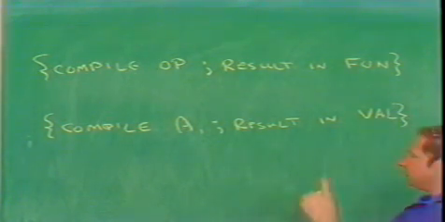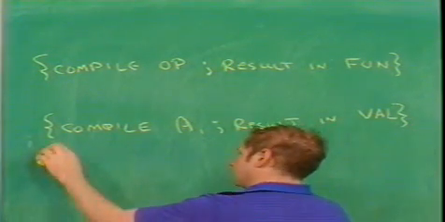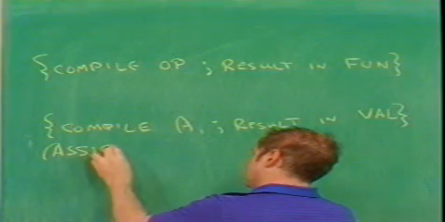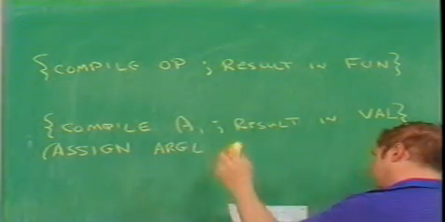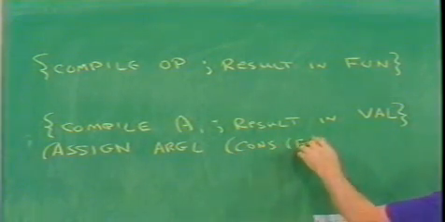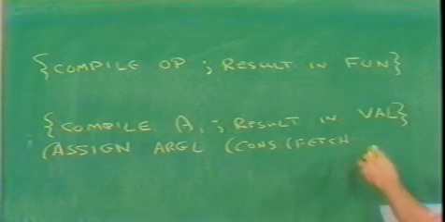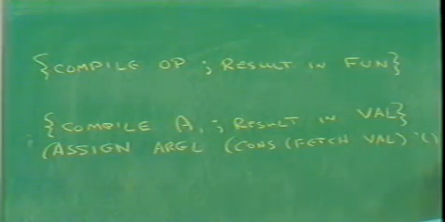And then what it's going to need to do is start setting up the argument list. So it'll say assign to argl const fetch, so it generates this literal instruction, fetch a val onto empty list.